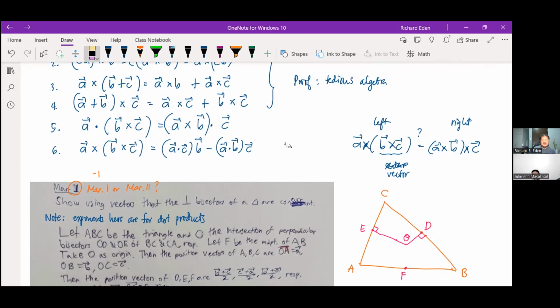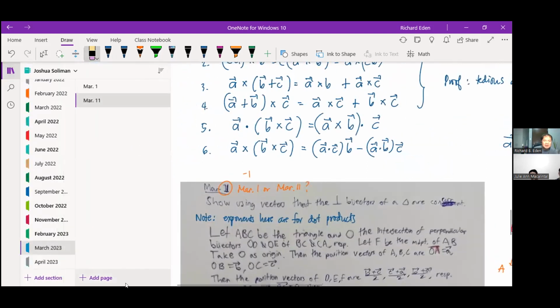If cross multiplication were associative, would A cross B cross C be the same as when you take the cross product of A and B first before taking the cross product with C? The answer is that typically the result's going to be different. And rather than prove the non-associativity, we will just have a look at an example.